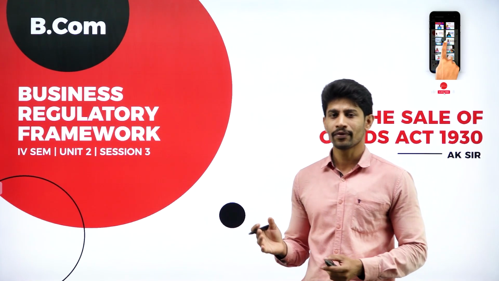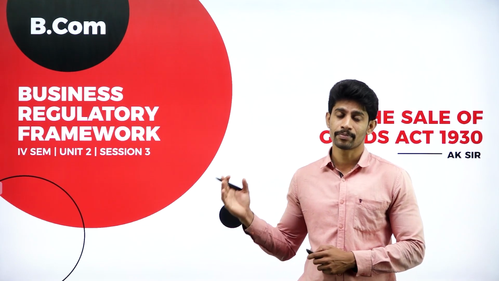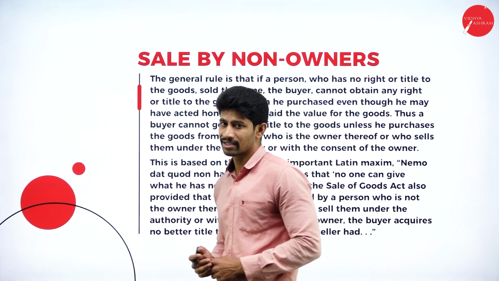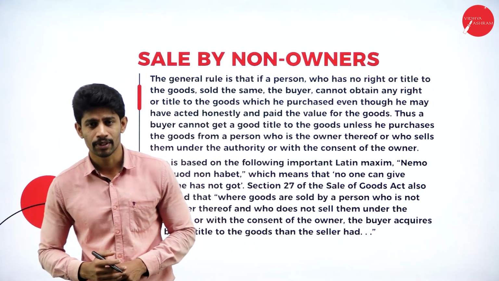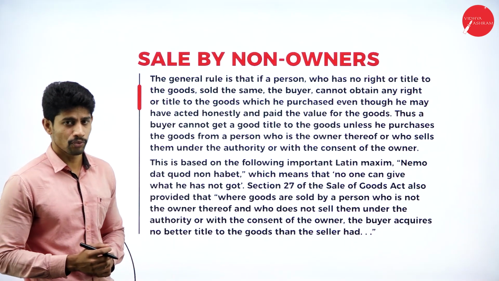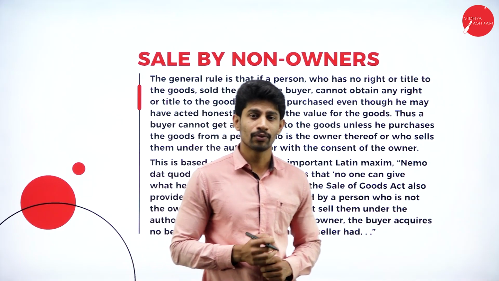So you all know what we discussed in the previous 2 sessions relating to chapter number 2. And in this particular session, we are going to discuss a few more topics with respect to the Sale of Goods Act 1930. Whenever you are answering a question, it is very important to write down the act.